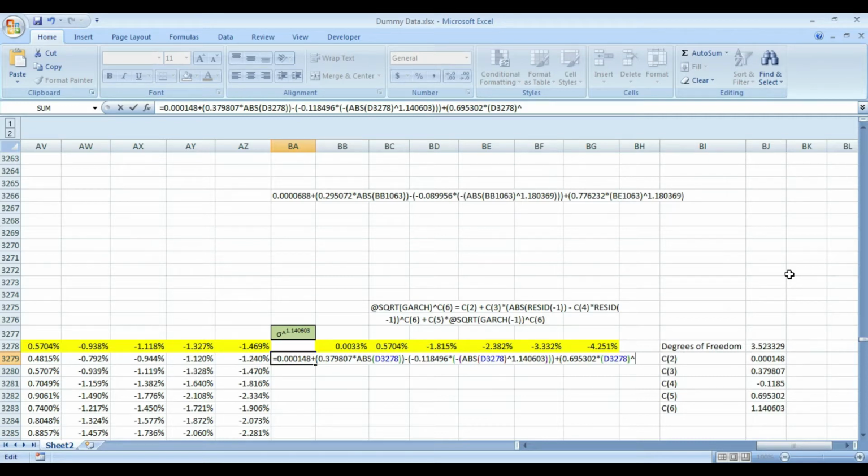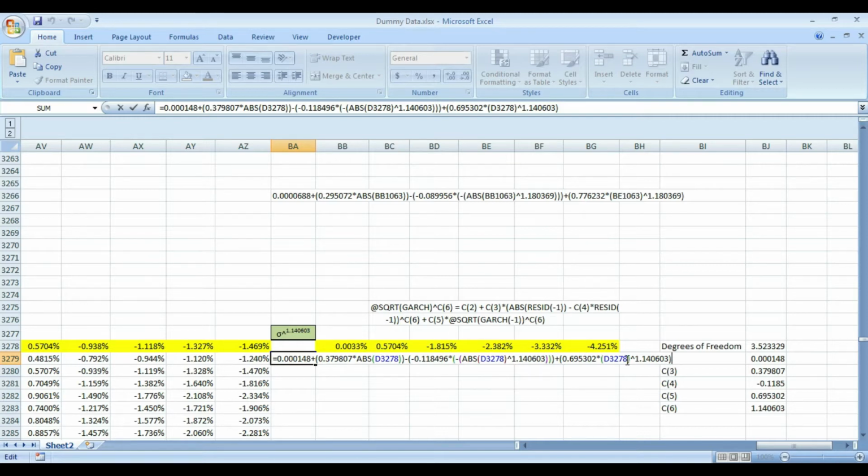C6 is simply 1.140603. Okay. So I'll close my brackets and there you go. Okay, there must be some issue with this. So plus of C5, which is this, okay, then multiplied by square root of GARCH n minus 1.